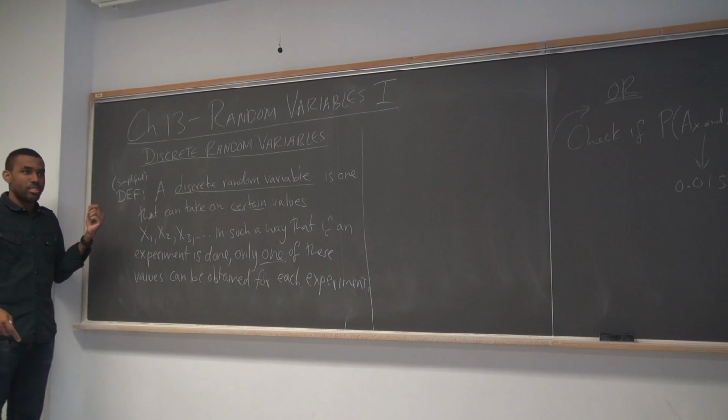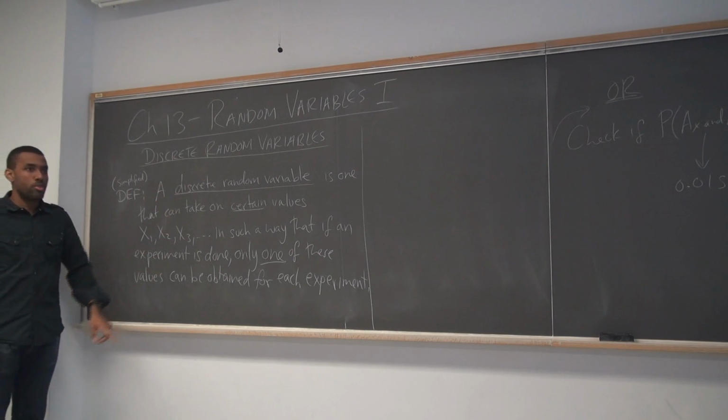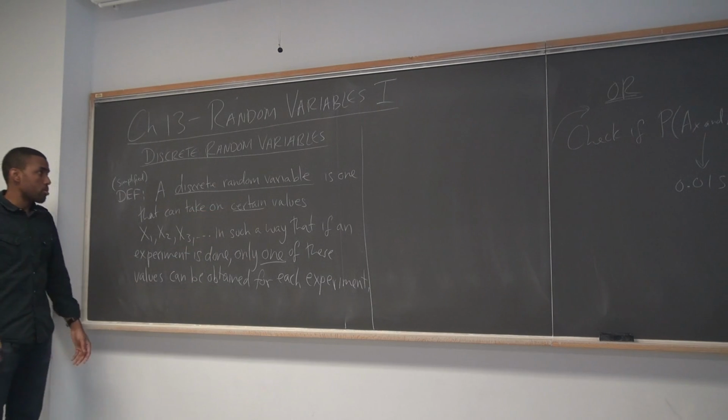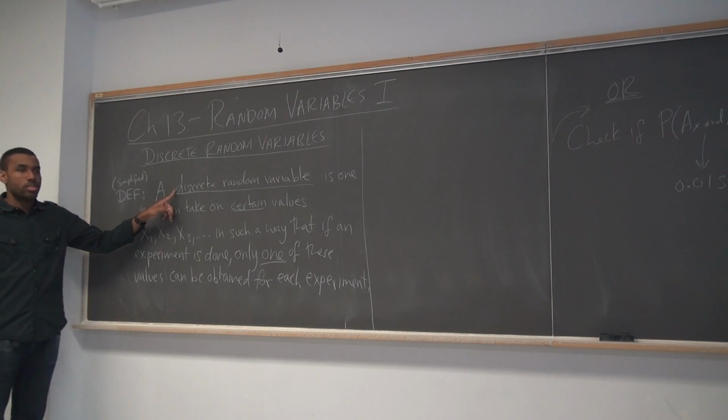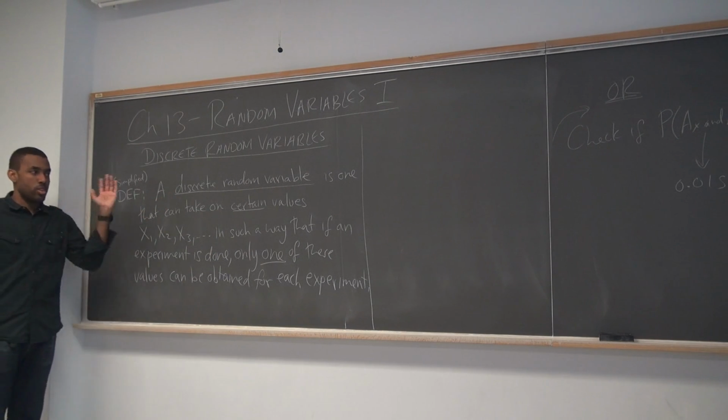If you pick 2.5, an integer can't pick that value. A real number would be an example of a continuous random variable, which we'll do later on, and it can take on any value in a certain range.